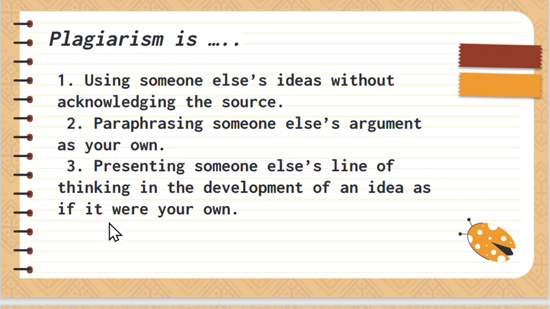Number three, plagiarism also means presenting someone else's line of thinking on the development of an idea as if it were your own ideas. Even if you use someone else's ideas without mentioning the owner or the author, it also means plagiarism.